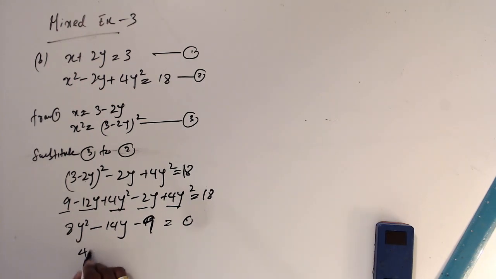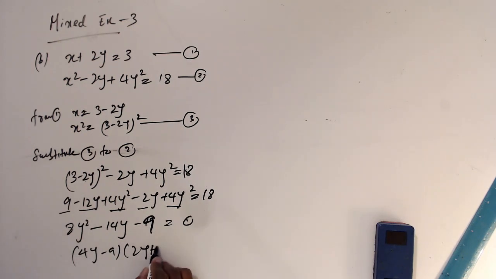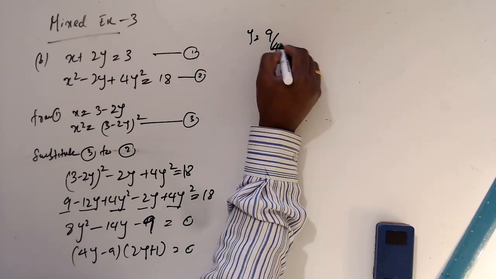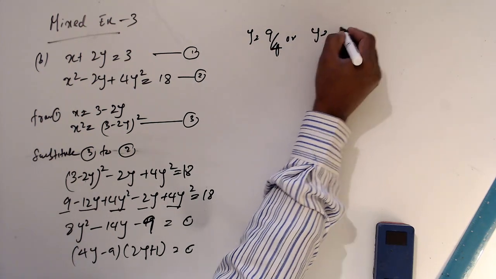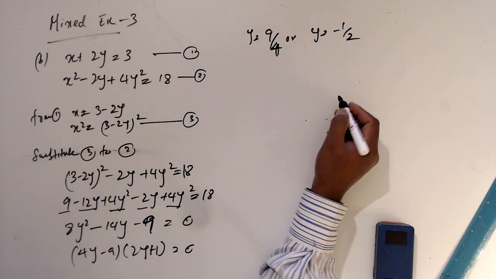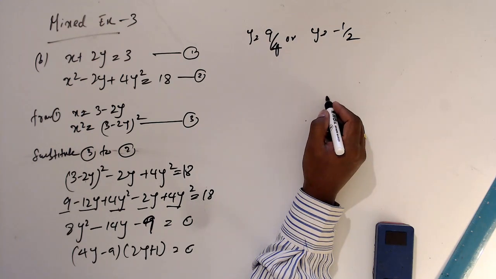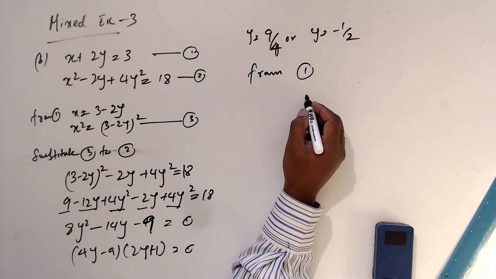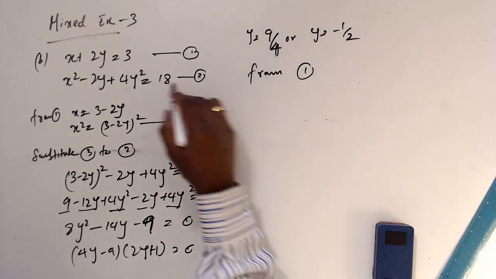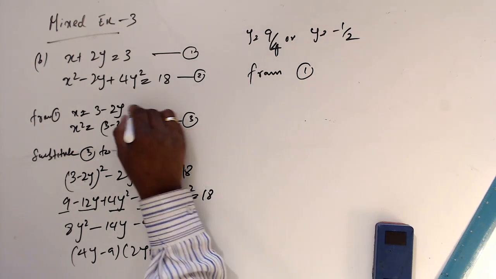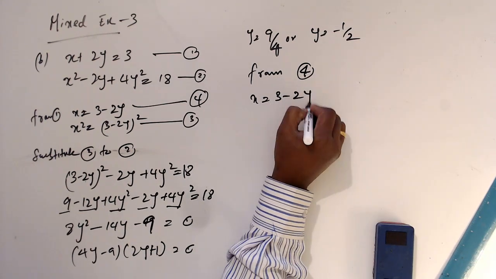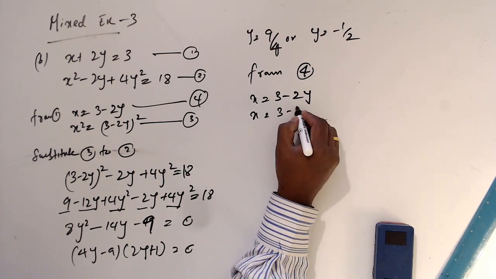Now (4y minus 9)(2y plus 1) equals 0, so y equals 9 over 4 or y equals minus half. Now I want to find x from 4: x equals 3 minus 2y.